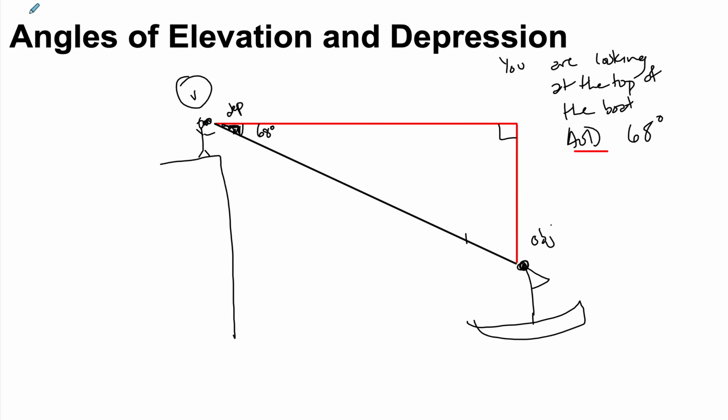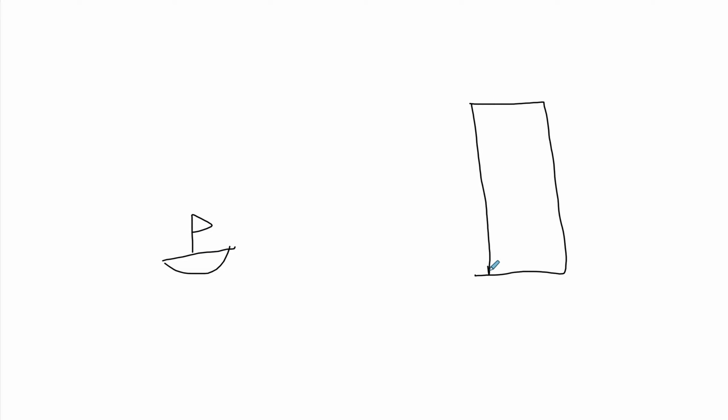that you need. So just one more point is that sometimes we have different forms of angles of elevation and depression. So let's say, for example, you are on a boat and you are viewing the top of a building, okay? And the construction they've given you in the question is something like this.